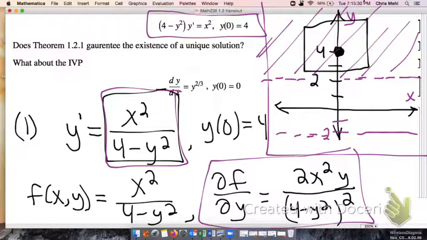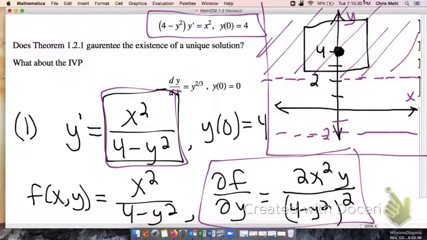That's where they're defined. And for any rectangle around that, I could basically guarantee a solution to the initial value problem. You could probably make the interval of solution as large as you want, since there are no restrictions on x, on f of x, y, partial f partial y, or the original differential equation.